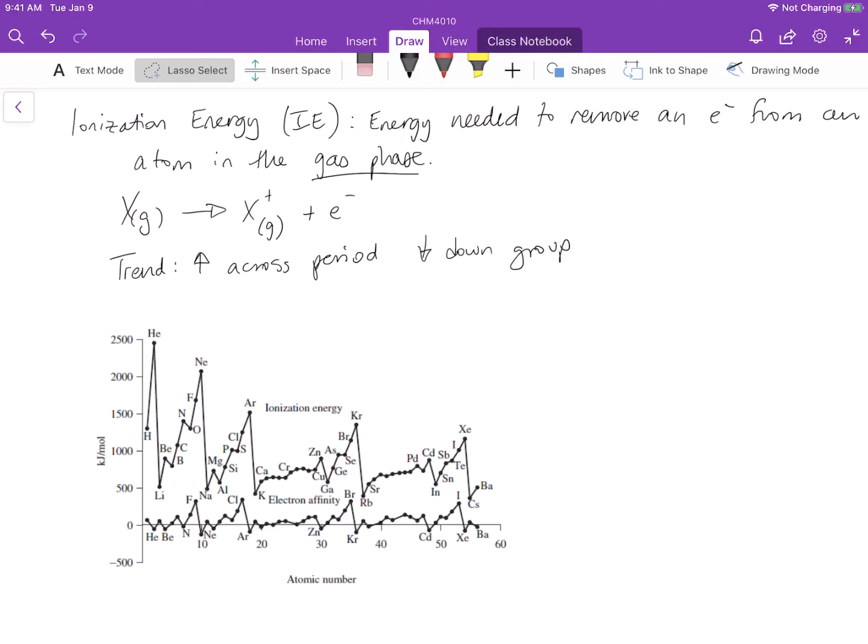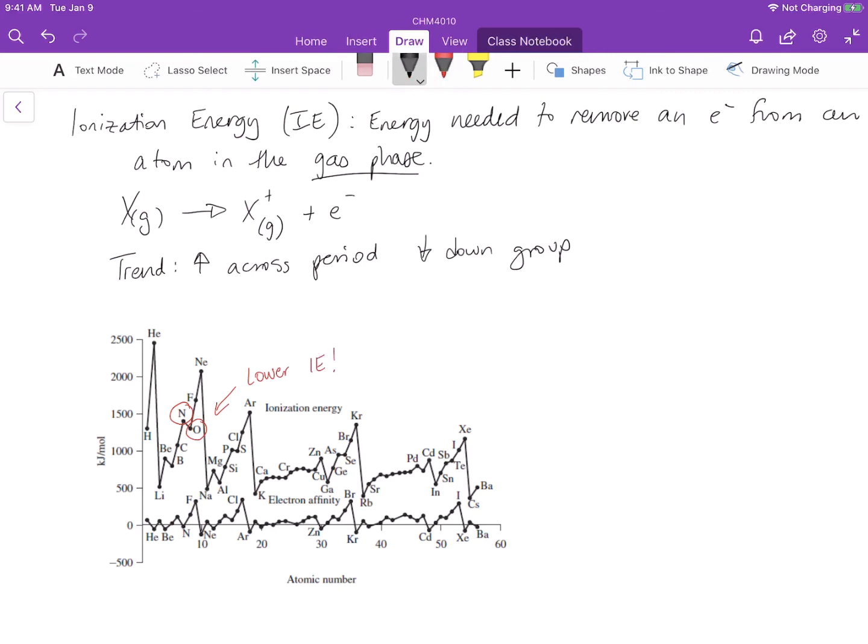So here's a plot of the ionization energy. The first thing I'd like to point out is if we compare nitrogen and oxygen, generally it is following the trend, but oxygen actually has a lower ionization energy than nitrogen.